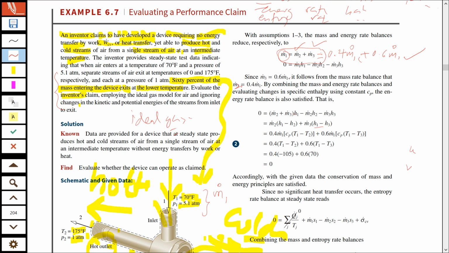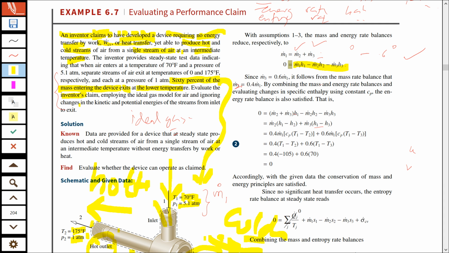So this is automatically satisfied. Now you need to see if his claim, if the claim of the inventor is right. And for that, you need to make sure that his claim does not lead to any contradiction of the remaining two equations, the energy rate balance and the entropy rate balance. So we start with the energy. The energy rate balance is this equation.